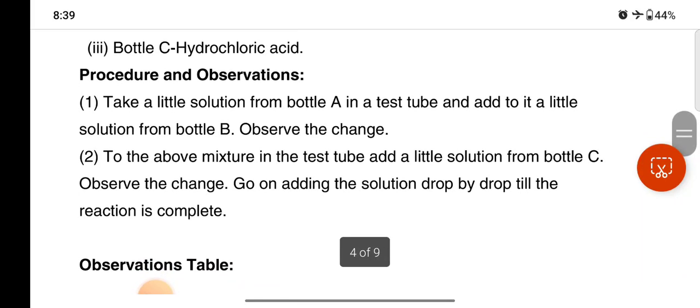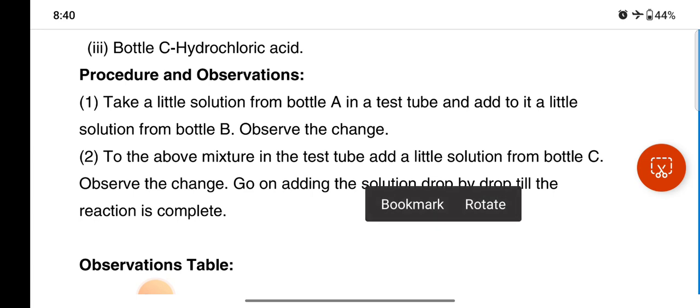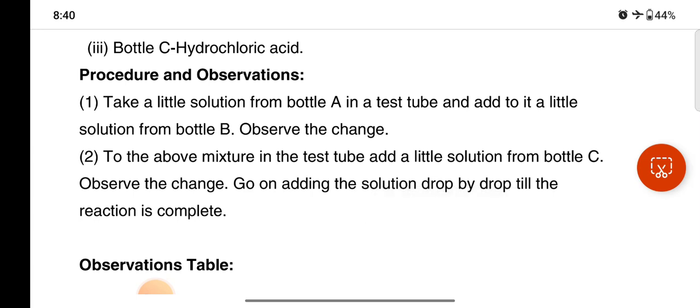Procedure and observations. Take a little solution from bottle A in the test tube and add to it a little solution from bottle B. Observe the change. Second, to the above mixture in the test tube, add a little solution from bottle C. Observe the change. Go on adding the solution drop by drop till the reaction is complete.